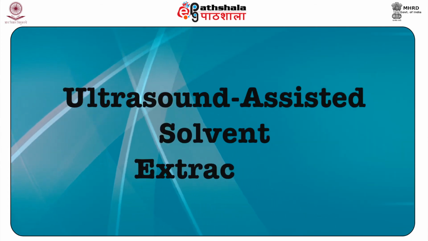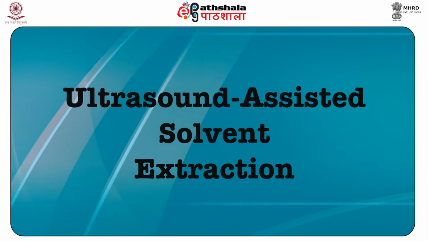Next is ultrasound-assisted solvent extraction. This is an improved maceration technique where the extraction is expedited by the use of ultrasound. The plant powder is placed in a vial and the vial is placed in an ultrasonic bath, and ultrasound is used to induce a mechanical stress on the cells through the production of cavitations in the sample.